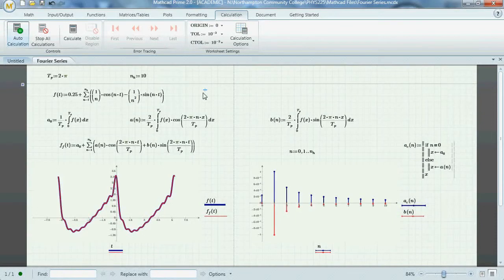There we go. And you notice that our cosine coefficients are going as 1 over n, and our sine is on the negative side, but it's going 1 over n squared. And you can see how it follows the path of the plot, f of t.